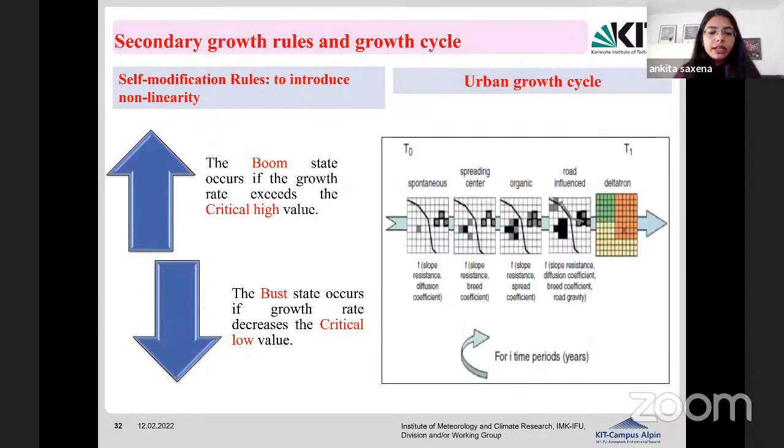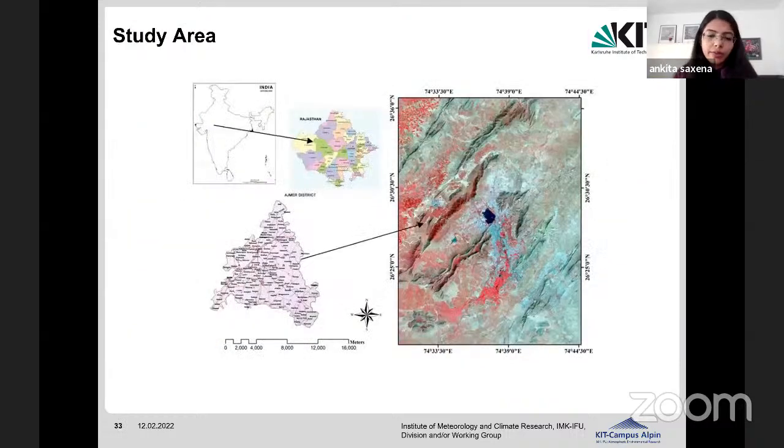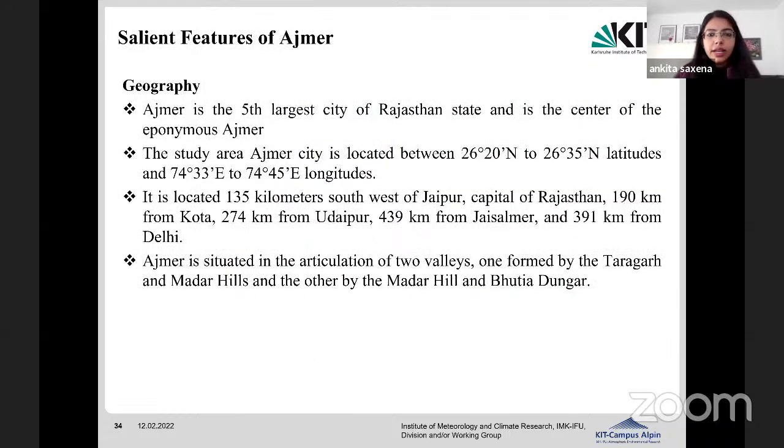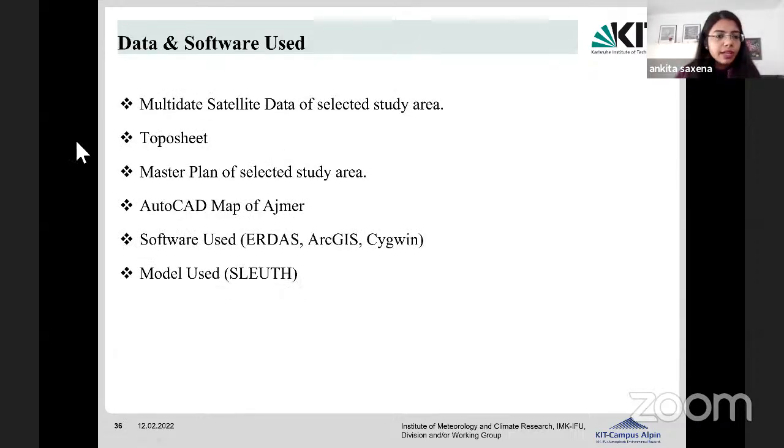And this SLEUTH model was developed first, then implemented and applied for the Ajmer city of Rajasthan. And this is the data which was used to calibrate the model: multi-date satellite data of different years, sheet, master plan, AutoCAD maps.